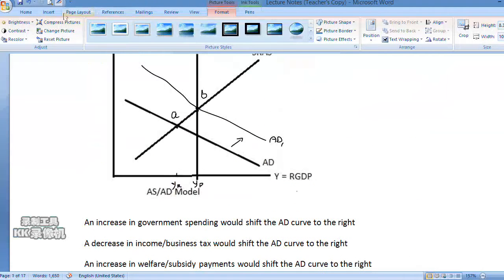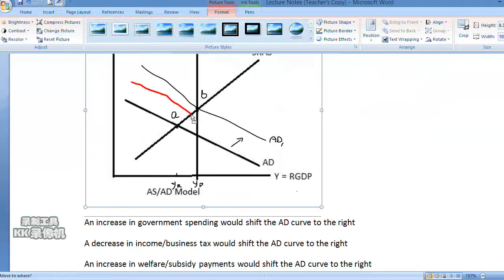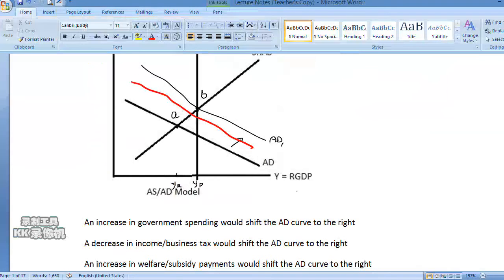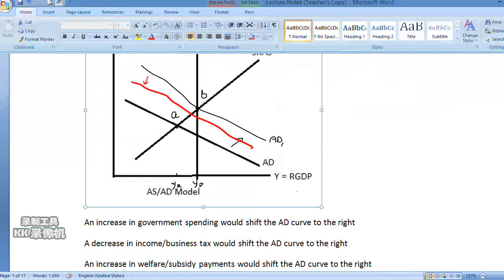So as interest rate goes up, the AD curve is going to shift to the left. So hopefully not as much. Otherwise, the fiscal policy would be completely ineffective.